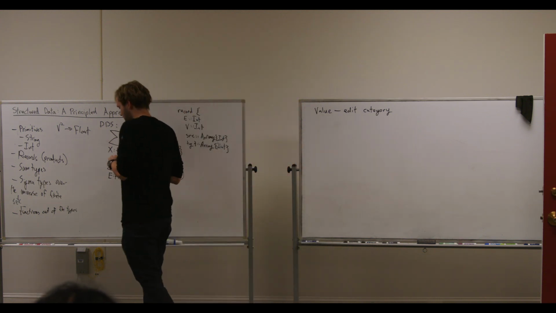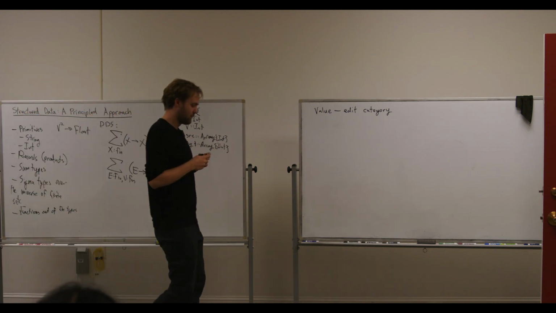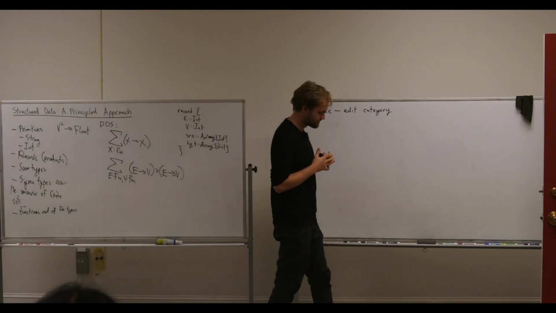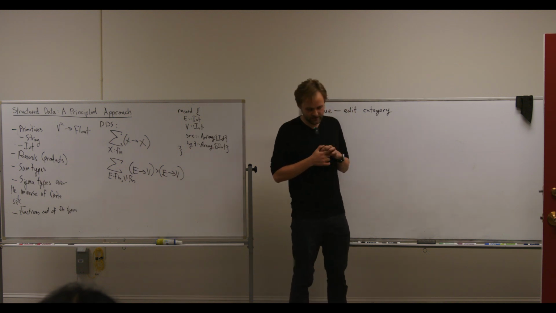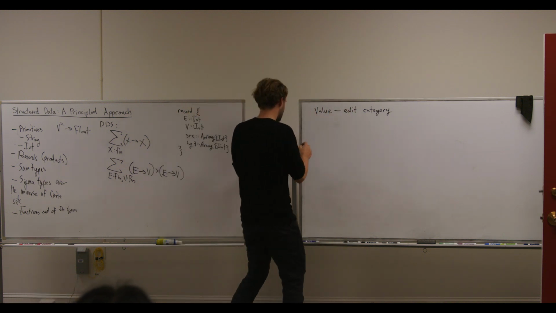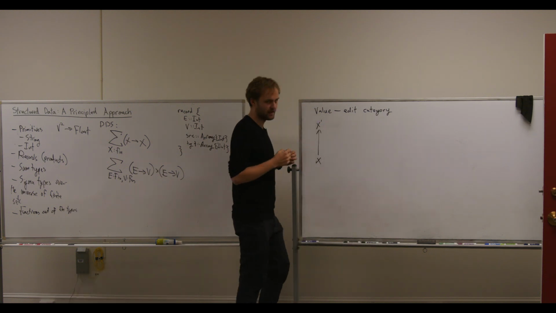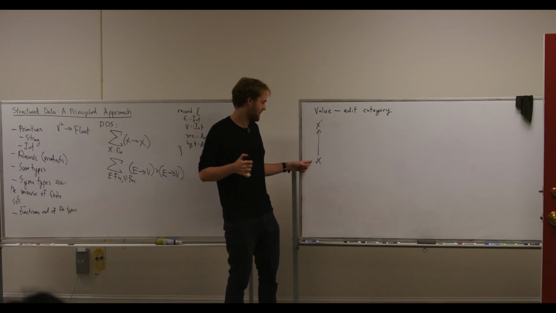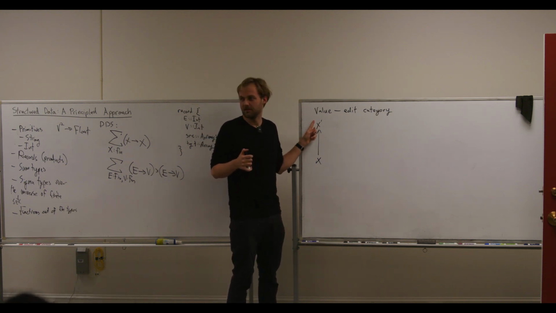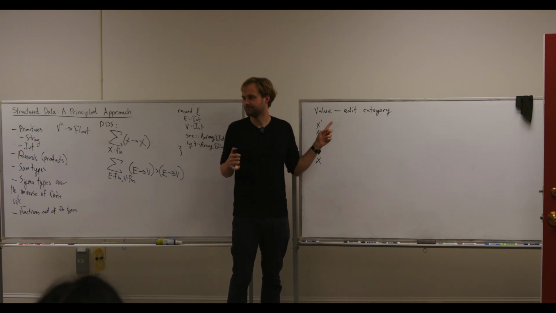But now, we could say, all right, what is the state of my repository? It could be an initial state and a terminal state, and the history is incorporated in this one big edit.